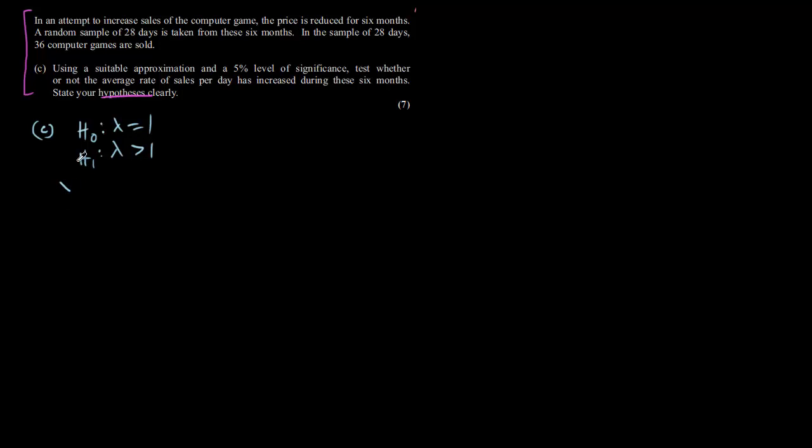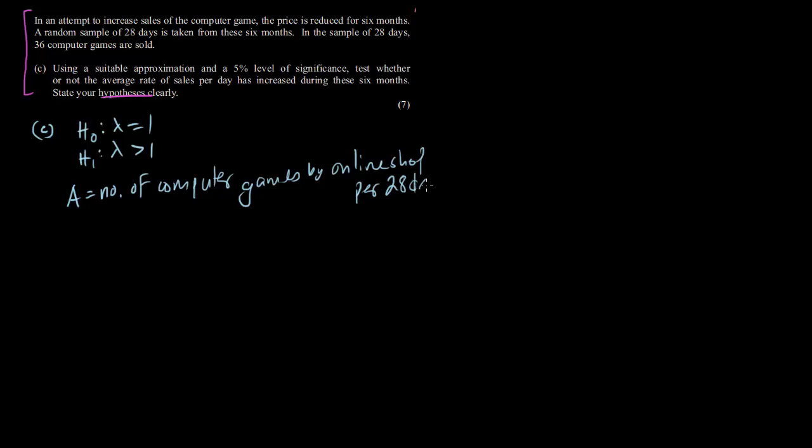So we have written X and Y, so what we have to write here, let's write A. That would be the number of computer games sold by the online shop per 28 days. That means the Poisson distribution would be 1 into 28.